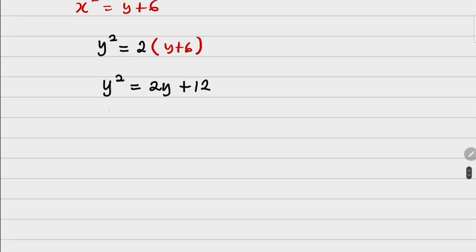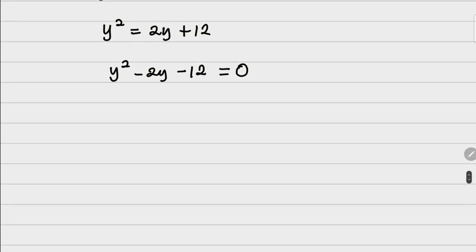Then, of course, this will be y squared minus 2y minus 12 is equal to 0. This is a quadratic equation, but in this case, it is not factorizable. So what I'm going to do is use the quadratic formula, so that in this case, y will be minus b plus or minus root of b squared minus 4ac, then all over 2a.